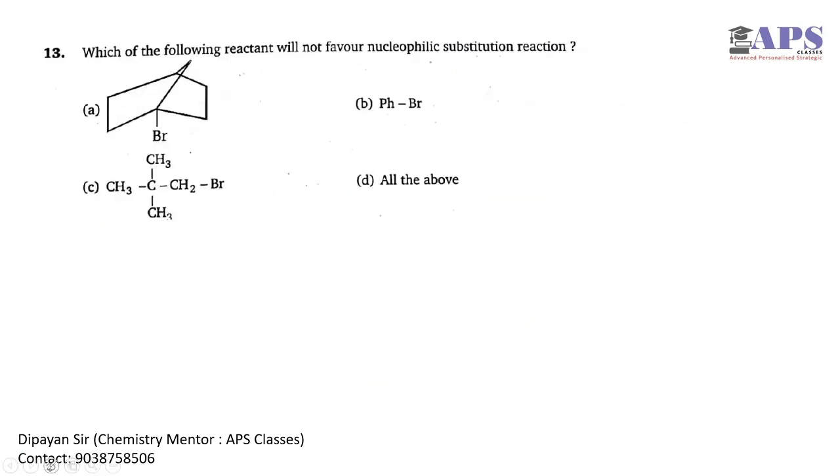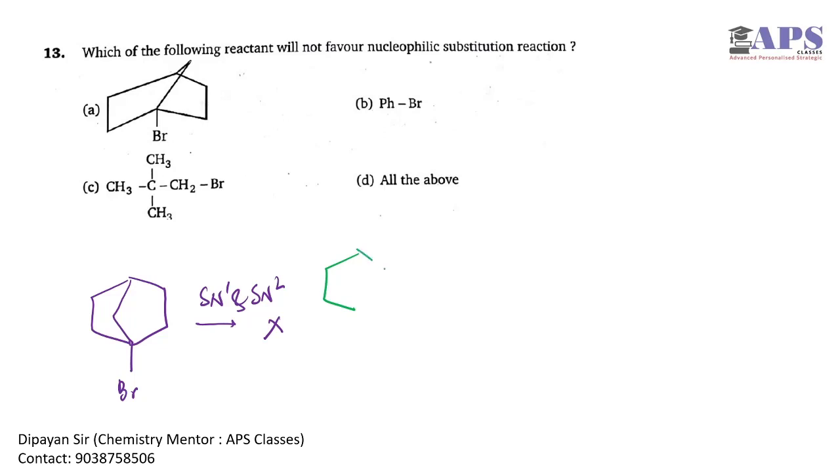Question number 13. Which of the following reactants will not favor nucleophilic substitution reaction? In these molecules we have already discussed that SN1 and SN2 both are not possible. Why? Because in SN1 reaction we need a carbocation.